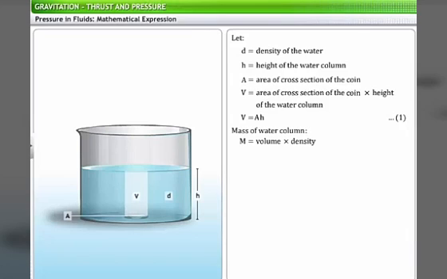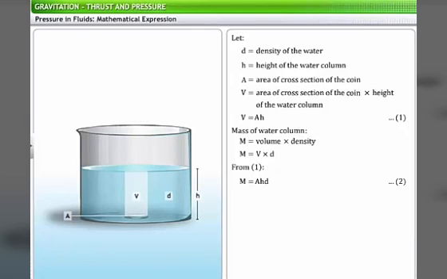The mass of the water in the column, M, is the product of the volume of the water and its density. Thus, M is equal to V multiplied by d. Substituting equation 1 in the expression for mass, you get equation 2. That is, M is equal to the product of A, h and d.